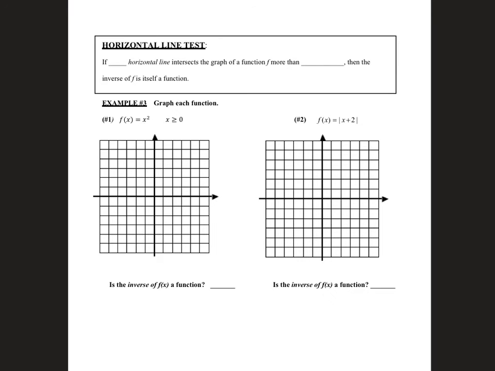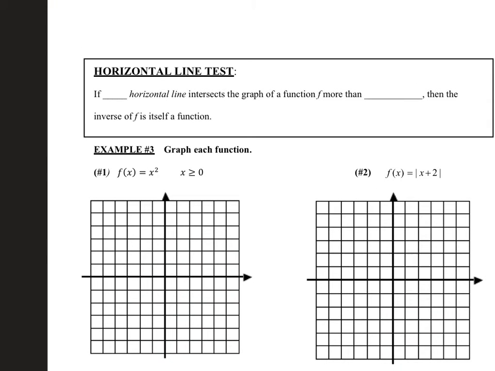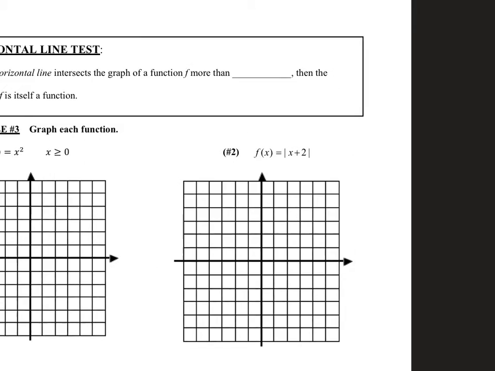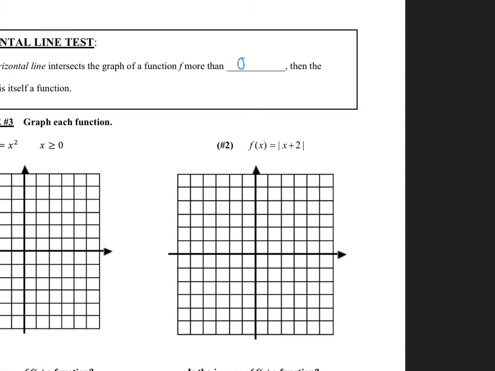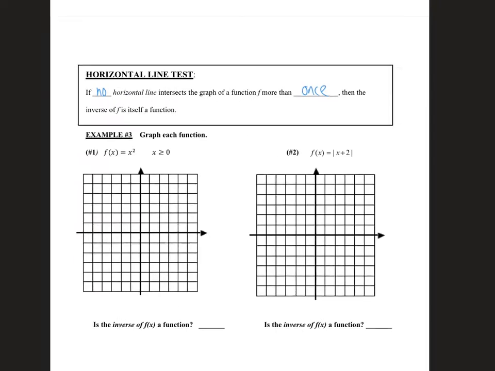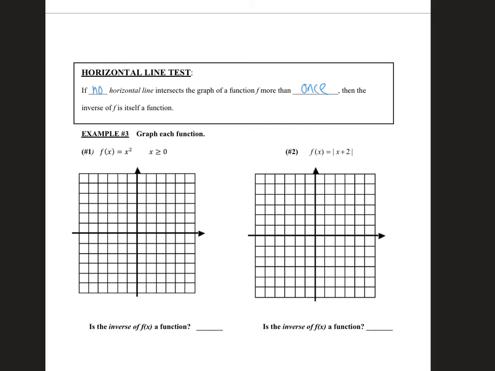So the horizontal line test says if no horizontal line intersects the graph of a function more than once, then the inverse of f is itself a function, okay? So basically, before we flip the graph over y equals x and find the inverse by switching x and y, if you do a horizontal line test, you can tell whether it's going to be a function before you even flip it, if that makes sense, okay?